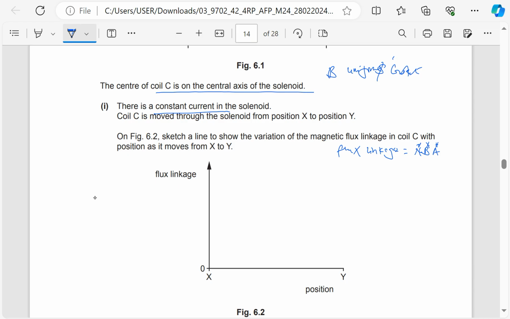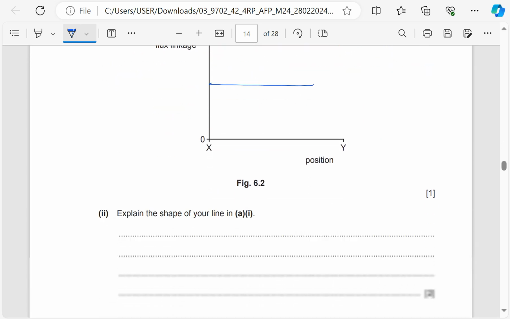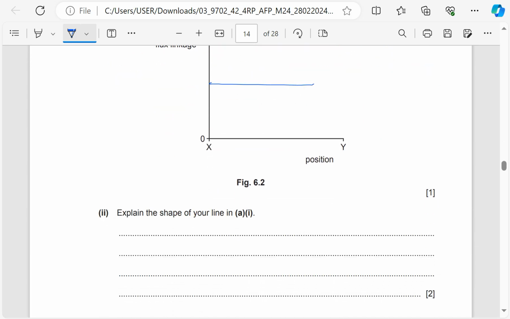Where is my ruler? So I'm drawing a horizontal line. Explain the shape of your line.